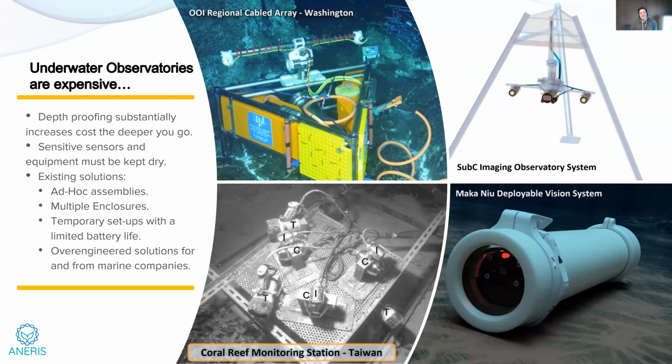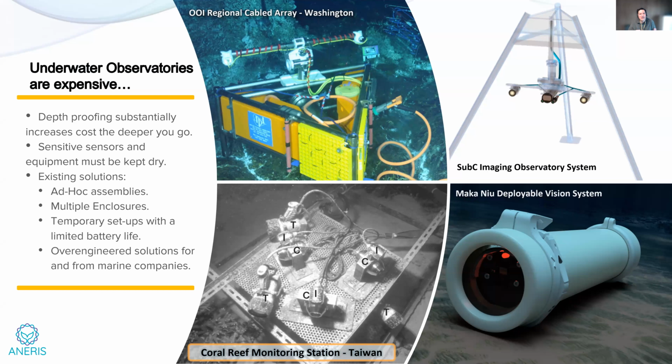So first, we're going to talk a bit about imaging and specifically underwater observatories. Getting data or getting images subsea is usually quite a complicated issue. Underwater observatories typically have a very large cost, and there are relatively few research centers and universities that can afford the cost of this infrastructure.